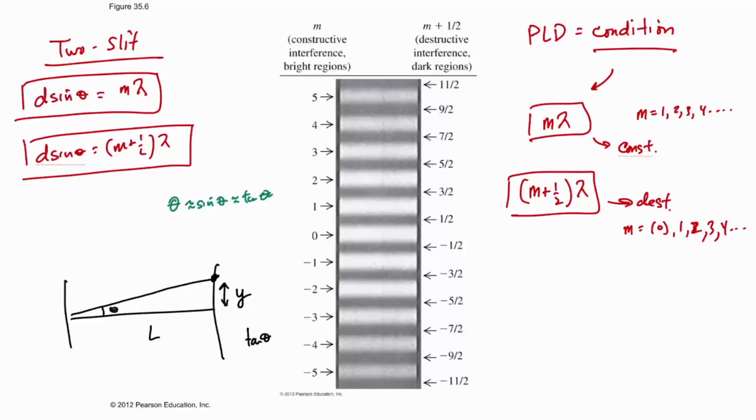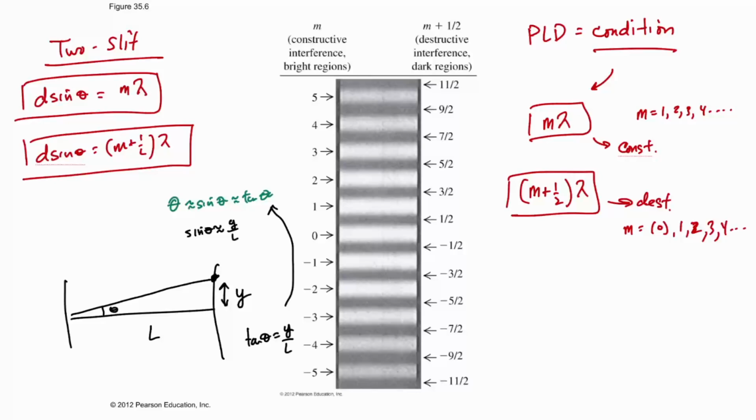The tangent of theta is y over L. But because of the small angle approximation, we're going to write sine theta as being about y over L, because that's about the same as tangent theta.